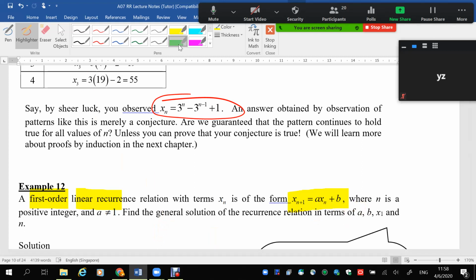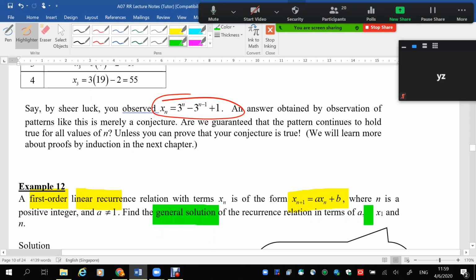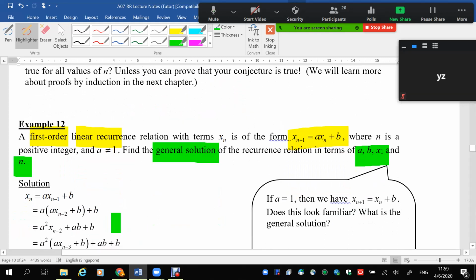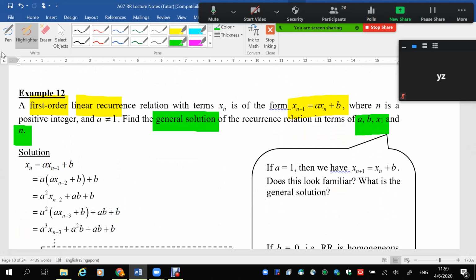So I'm asking for the general solution in terms of all your variables here. The backtracking method is exactly the same, just that I have no numbers. It's basically one whole mess of variables. So what's happening here is exactly the same as example 11.